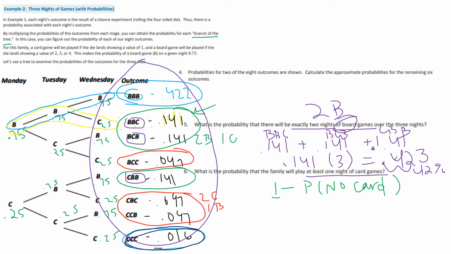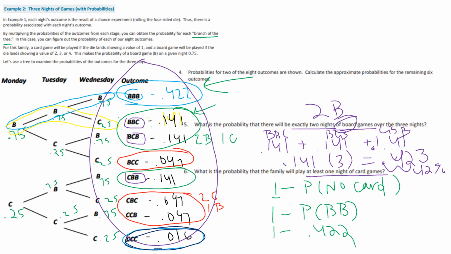So when we're talking about no card games, which one is the only one with no card games? The only one with no C is our BBB up here. So we're doing 1 minus the probability of BBB, which is 1 minus 0.422.